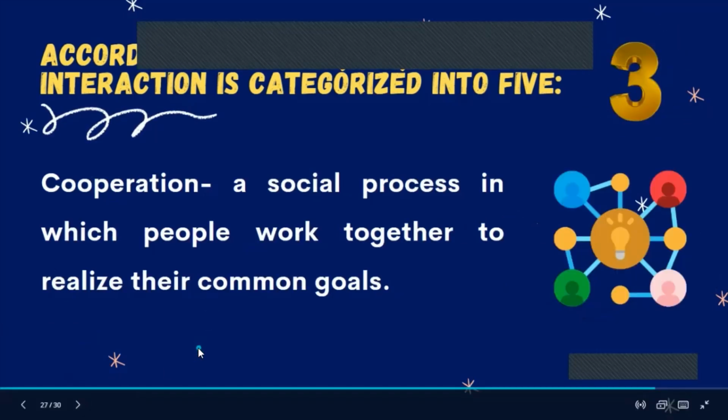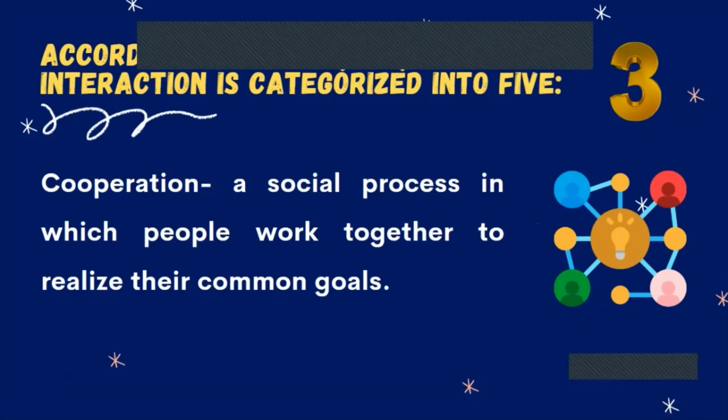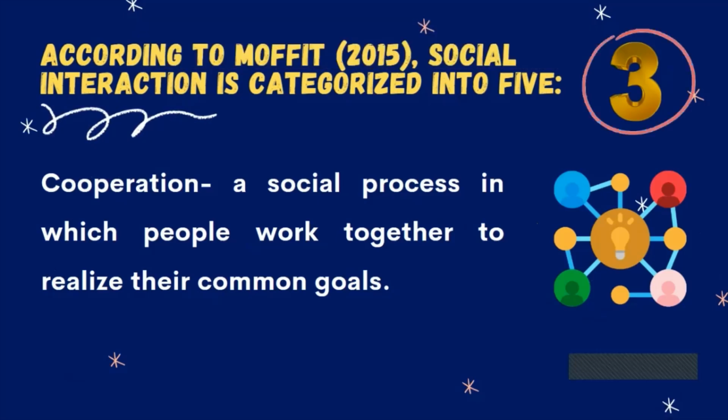Next is cooperation. This is a social process in which people work together to realize their common goals. How can you cooperate with other people if you are not communicating with them? In communication, cooperation needs to be done so that we can achieve our common goals.